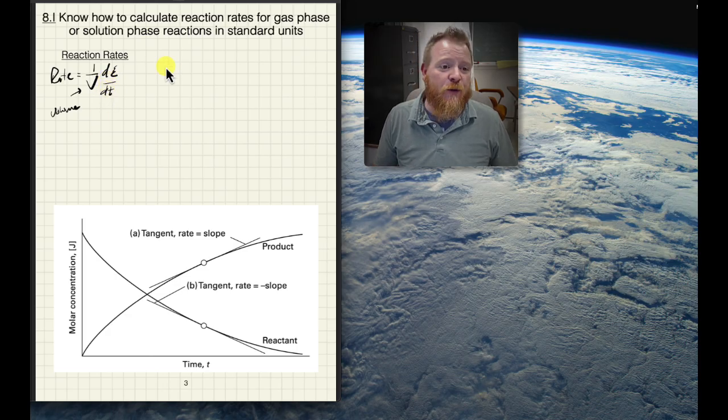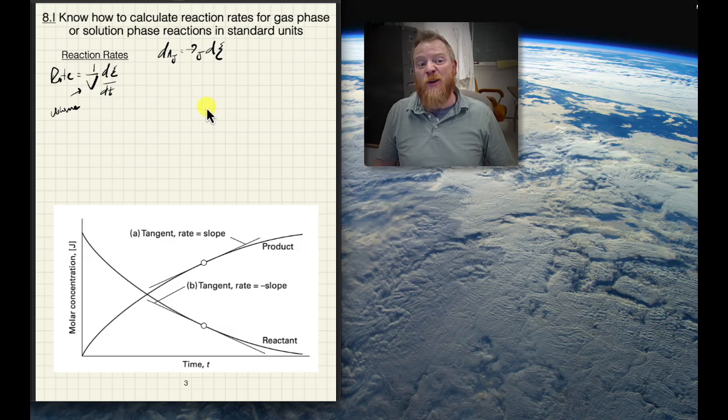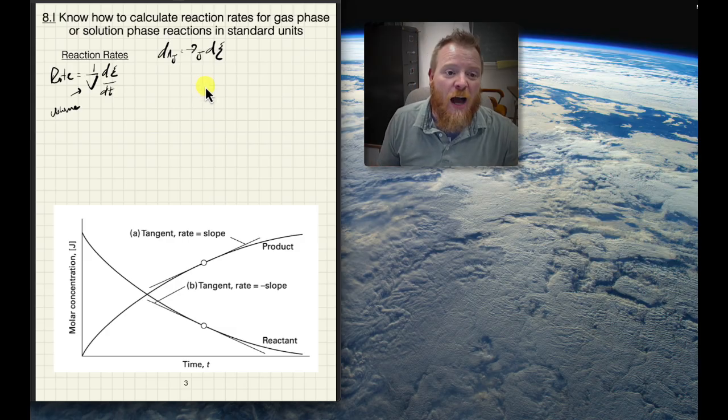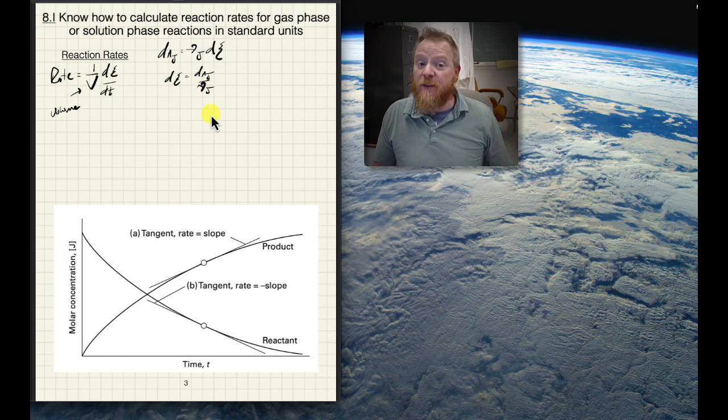If you recall, the change in number of moles of chemical species J was equal to its stoichiometric coefficient times this extent of reaction quantity. So if we want to know what just dξ is, that's going to be the change in number of moles of J divided by the stoichiometric coefficient.